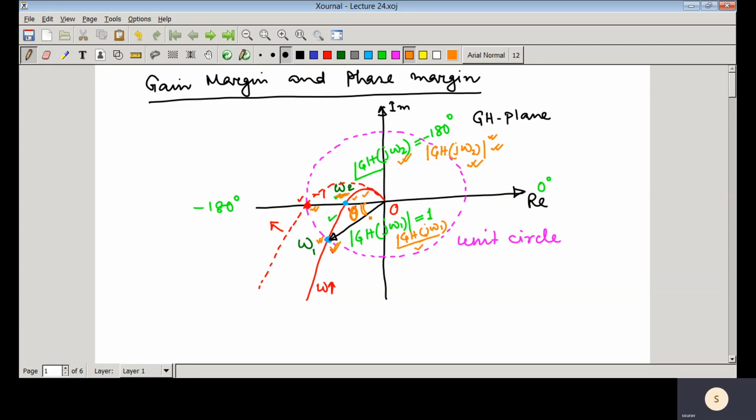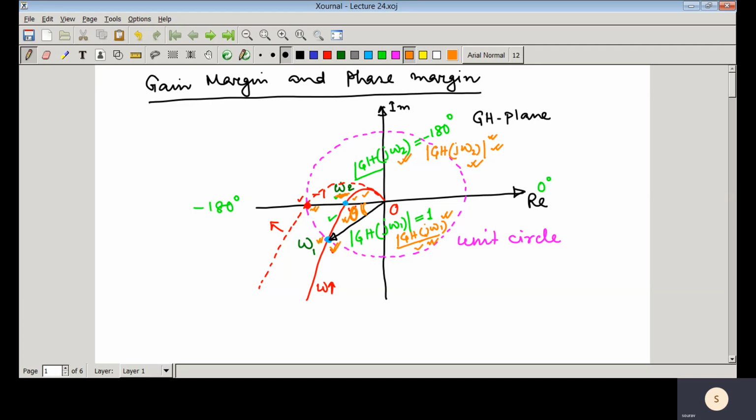Repeating. So at omega equal to omega 1, if we calculate the angle, then with this particular angle, if we add this theta, then it would come to the critical point. So this particular angle is also indicating how far the Nyquist plot is from the critical point. So it also gives us that information: if the system is stable, then how much stable it is.